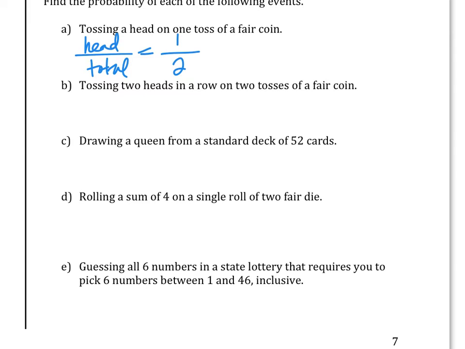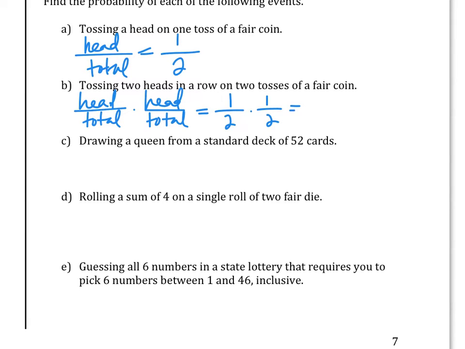You toss the coin twice, hoping to get 2 heads. Since you're going to do it twice, you have to multiply. There's 1 head out of 2 faces times 1 head out of 2 faces, so this is 1/4.